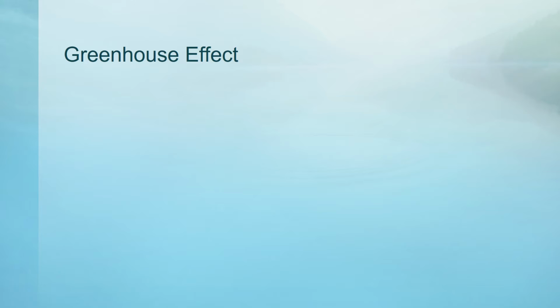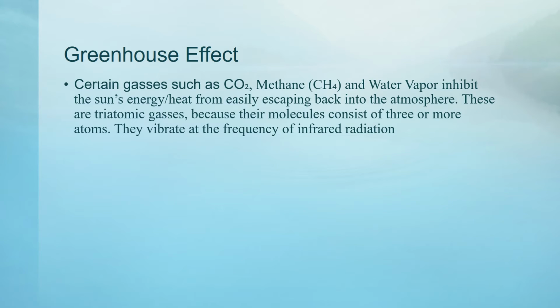So we talk of the good old greenhouse effect, and certain gases such as carbon dioxide, CO2, methane, CH4, and water vapor inhibit the sun's energy heat from easily escaping back into the atmosphere. These are what they call triatomic gases because their molecules consist of 3 or more atoms.